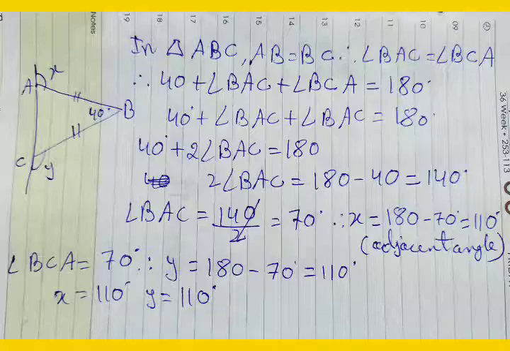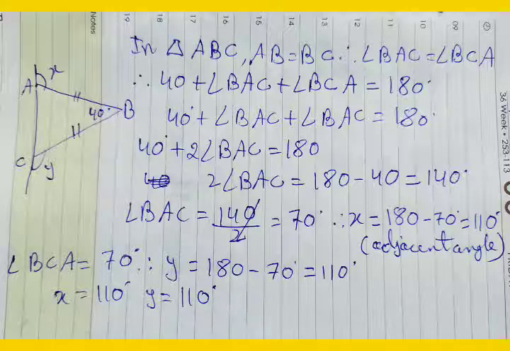Okay. Now next, you will name the triangle ABC. Then in triangle ABC, AB is equal to BC, and angle BAC is equal to BCA. Then 40 degrees plus BAC plus BCA is equal to 180 degrees. In place of BCA we can write BAC again, because this is an isosceles triangle.